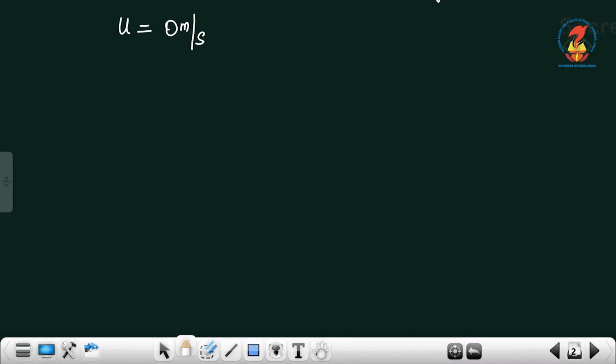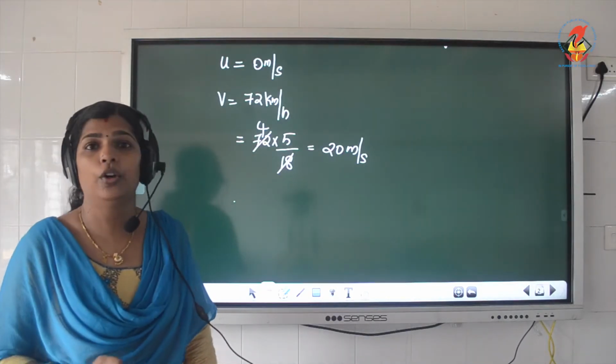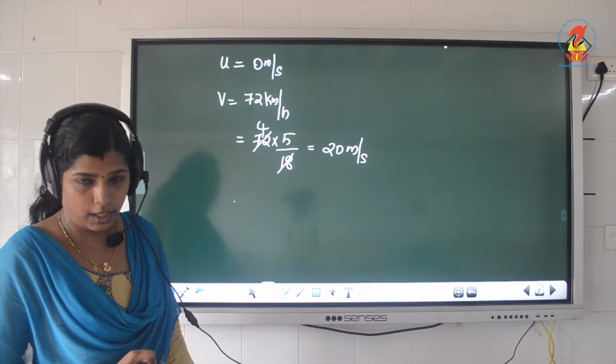Now, final velocity v equal to 72 km per hour, that is equal to 72 into 5 by 18. 18 will go 4 times in 72. That is equal to 4 into 5, 20 meter per second. So the final velocity you got is 20 meter per second.